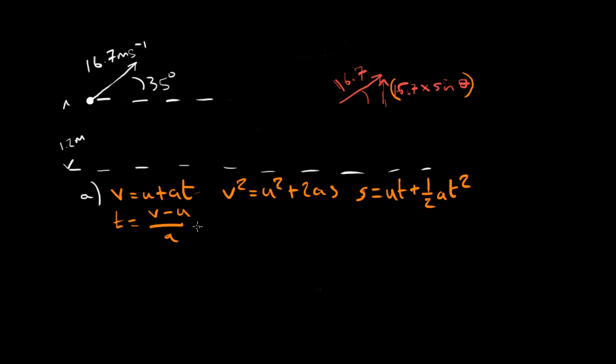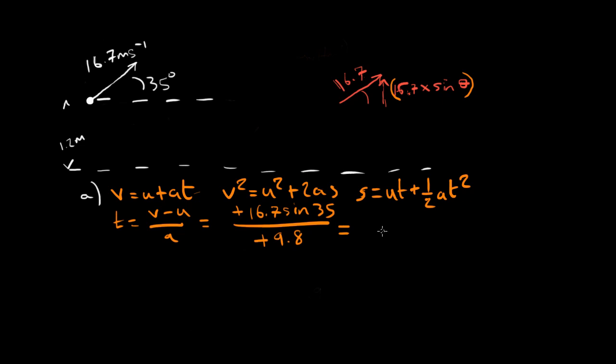So v minus u will be 0 minus that, and that is going to be minus 16.7 sine of the angle, which is 35, divided by the acceleration, which is going to be minus 9.8. So that's minus divided by a minus, so both will be plus, and that suits us because we should really be getting a positive time when we calculate these things.